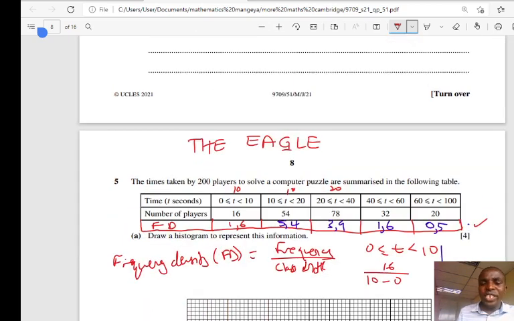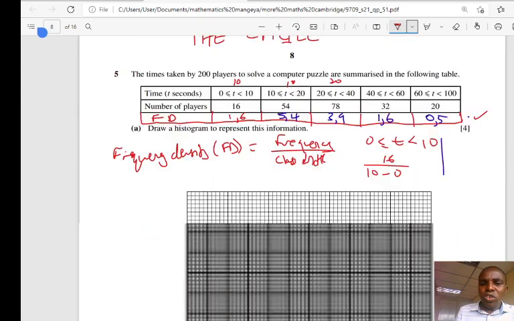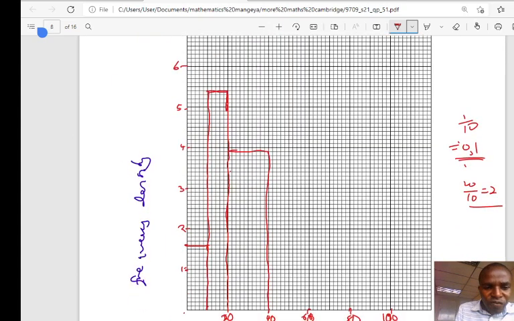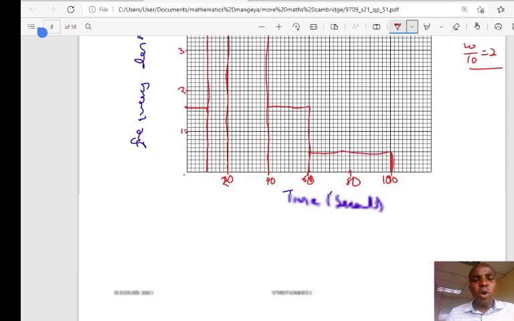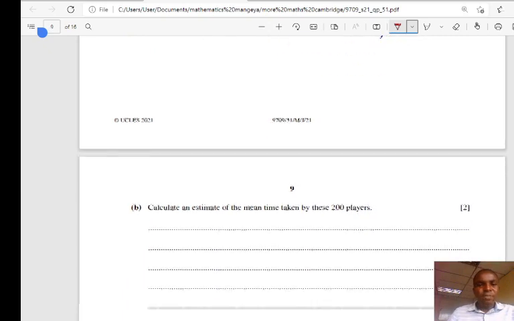Next, 40 to 60 is 1.6, and 60 to 100 is 0.5. So 1.6 is the same as for 0 to 10, and 0.5 for 60 to 100. Then you can say done. That's the histogram. Next question.